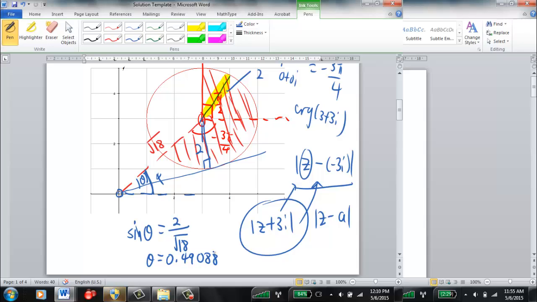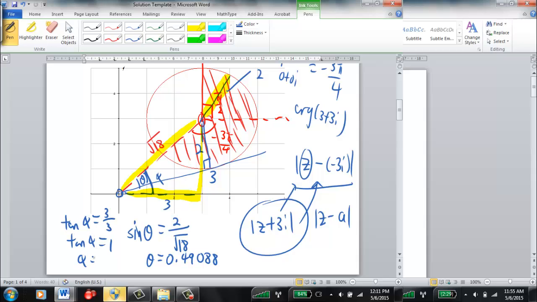Now, I need to find another angle. It's called alpha. But to get alpha, I need to get this triangle out. And this triangle has a length of 3 units, and 3 units respectively. Which means that tan alpha is equal to 3 over 3, which is 1.